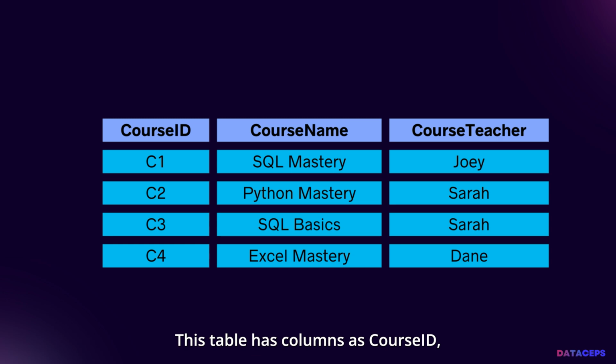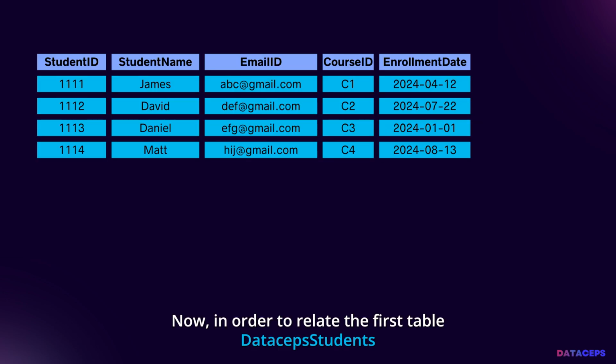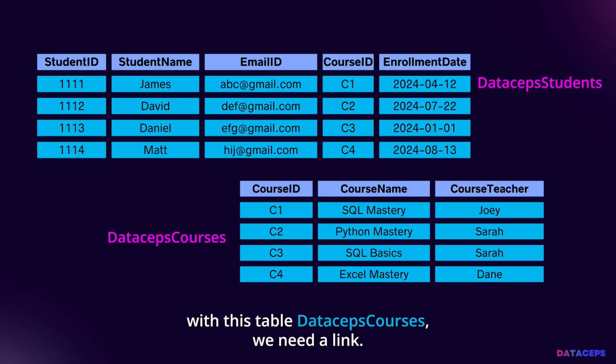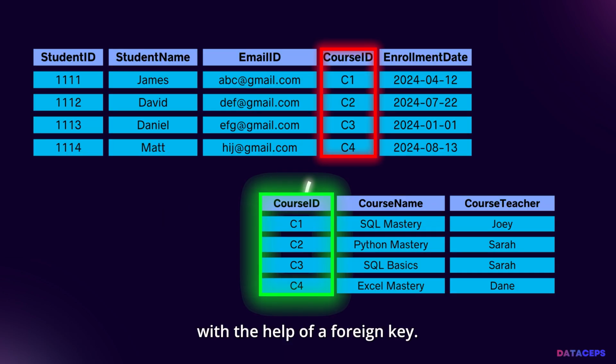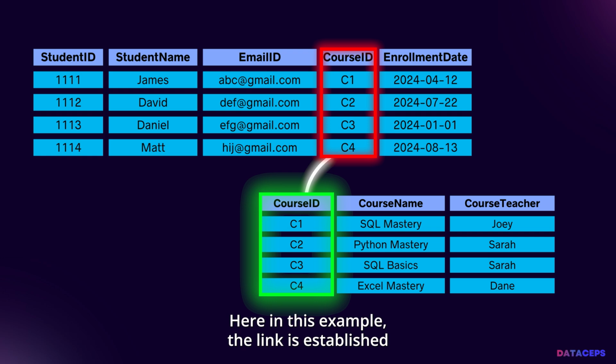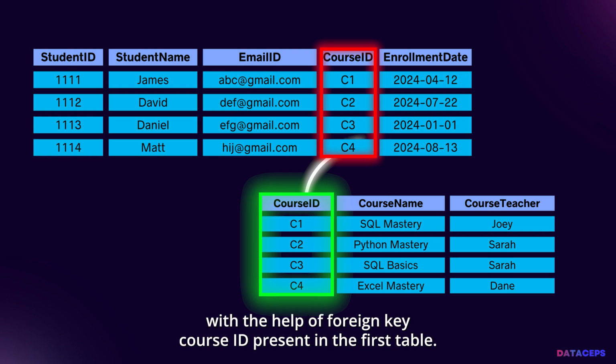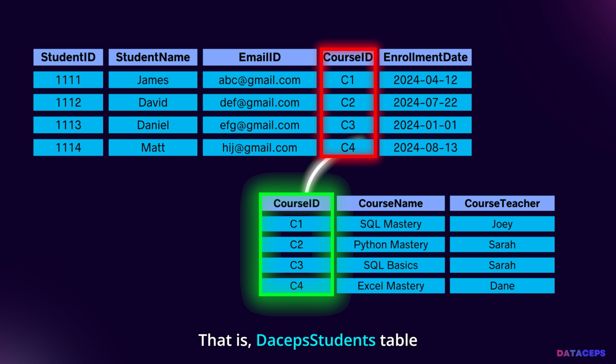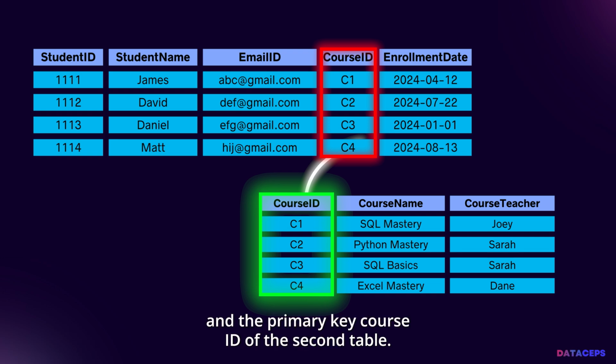This table has columns as course ID, course name, and course teacher. Now, in order to relate the first table, DataSEP students, with this table, DataSEP's courses, we need a link. This link is established with the help of a foreign key. Here in this example, the link is established with the help of foreign key course ID present in the first table, that is DataSEP students table, and the primary key course ID of the second table.